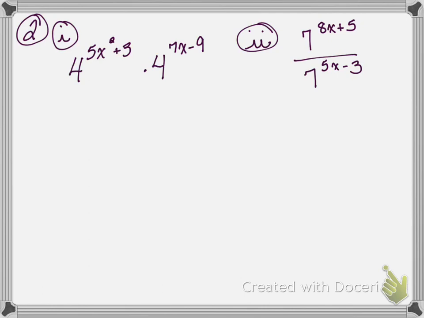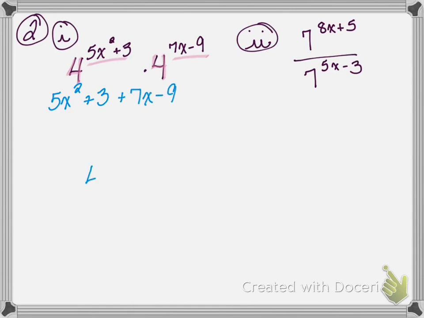Okay, now we are using some of our exponent properties with variables. Here I have a base of 4, and those are being raised to 2 different exponents. Because my base is the same and I am multiplying these, 4 to the 5x squared plus 3 times 4 to the 7x minus 9, we are going to add those 2 exponents together. So I have 5x squared plus 3 plus 7x minus 9.